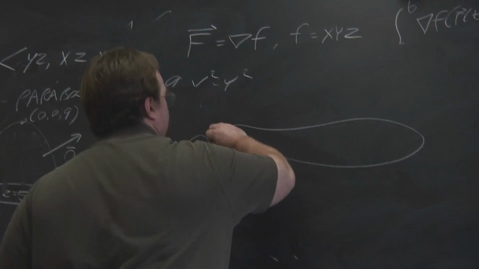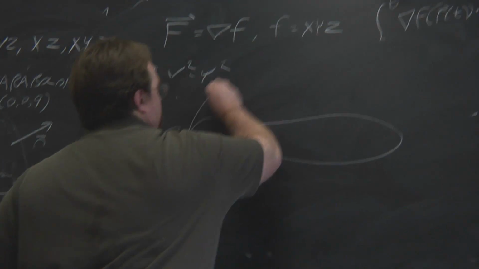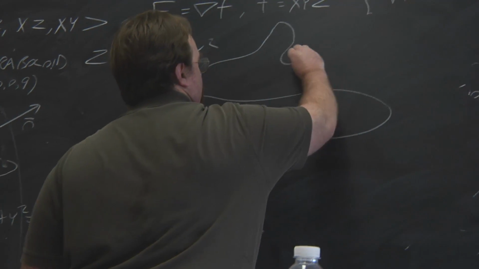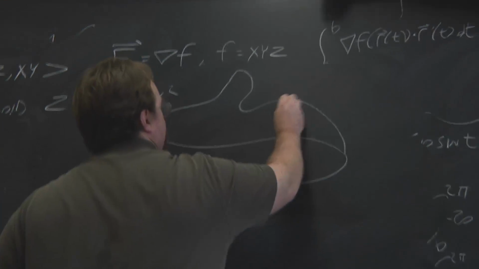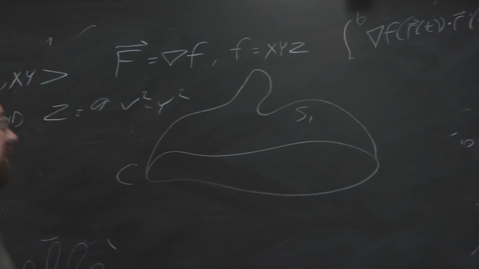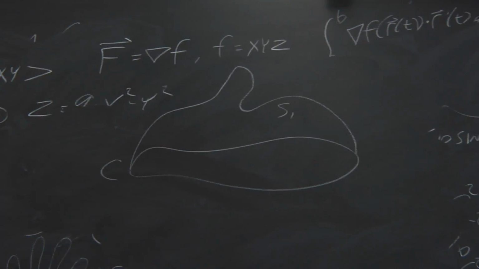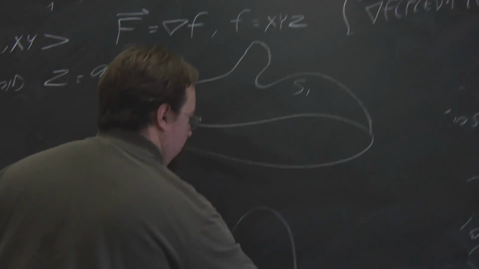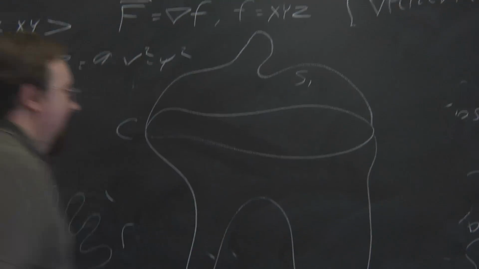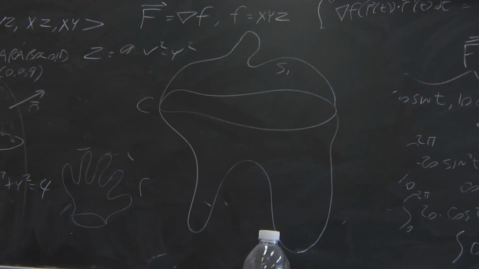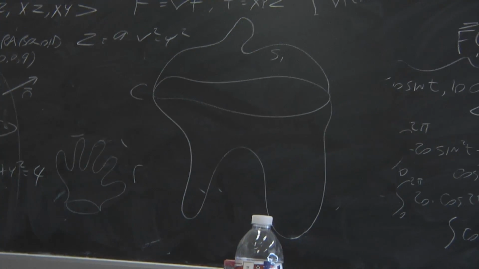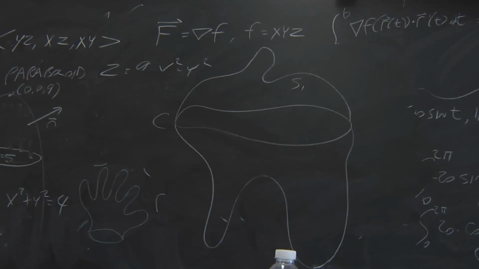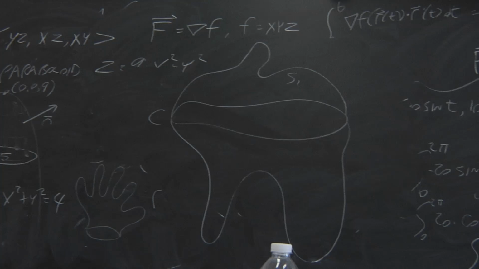And then we have this surface S1 sitting on top of it. And then we have another surface. I guess the whole thing looks like a very deranged tooth. Well, it's got a cavity or something.